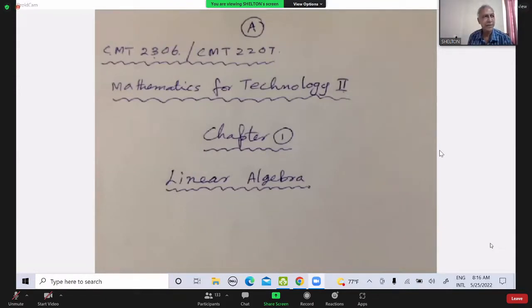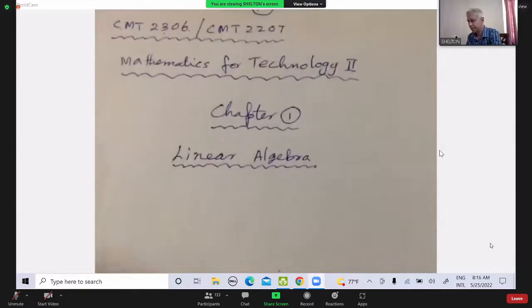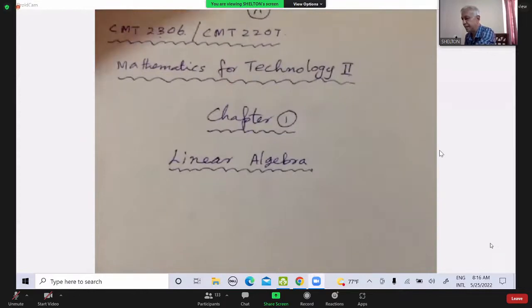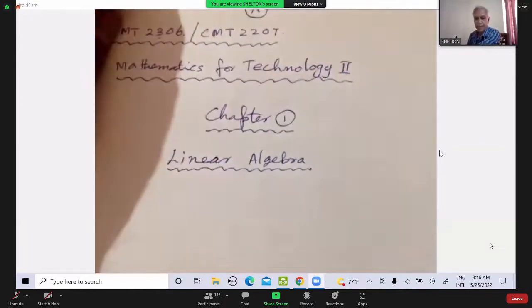Linear algebra is basically the study of systems of linear equations. To start things off, let me first introduce some terms. The first thing is, what is a linear equation?